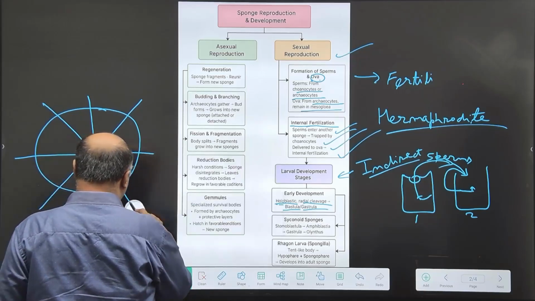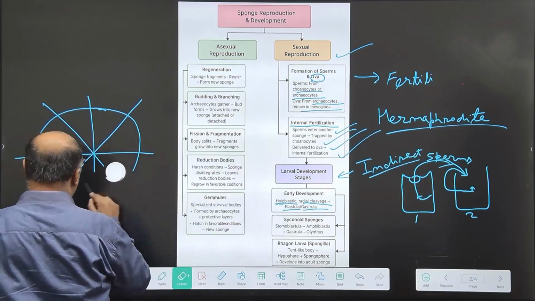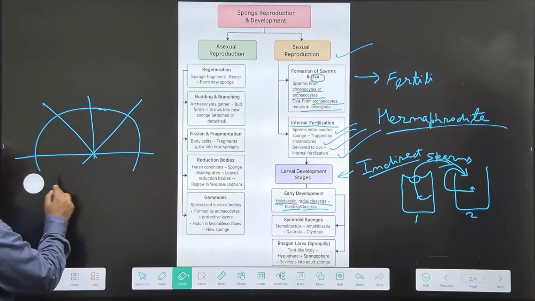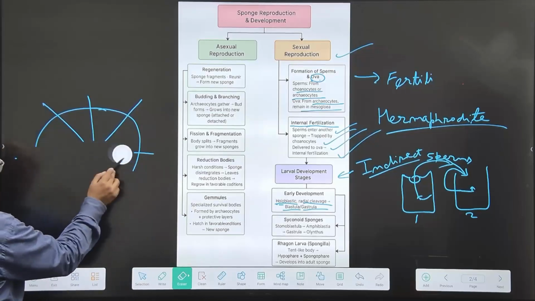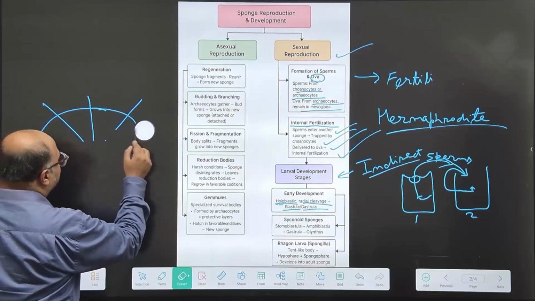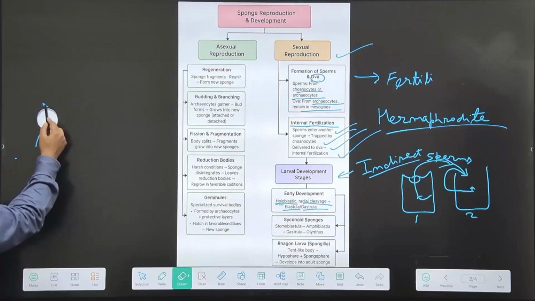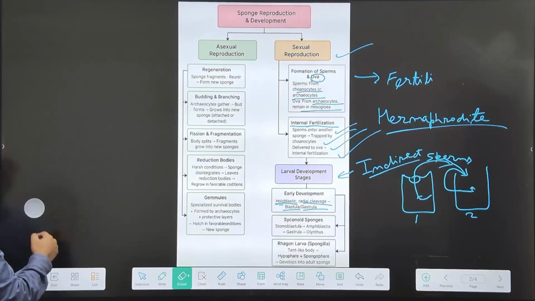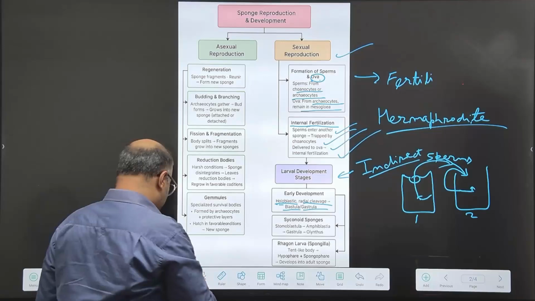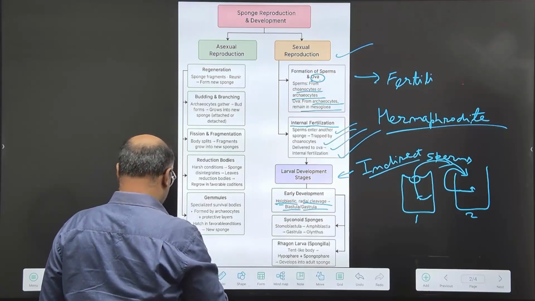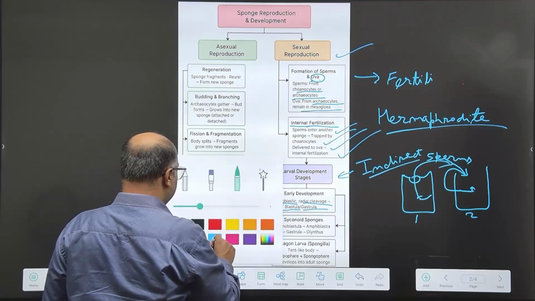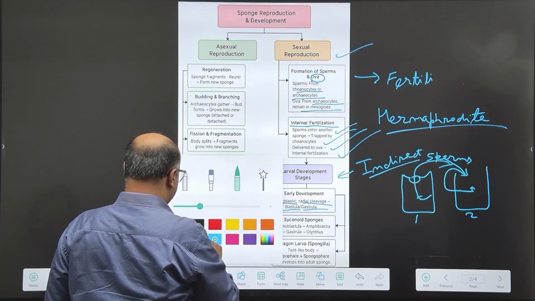In some literatures, people have written vascular system. Sorry, water vascular system is present in echinoderms, not in sponges. In case of sponges, it is water canal system. So don't get confused, please. Okay, moving forward.